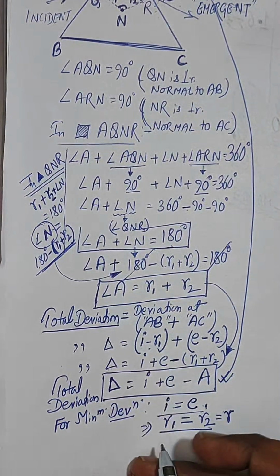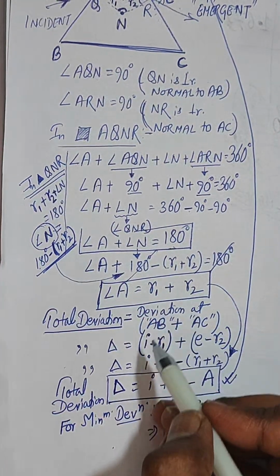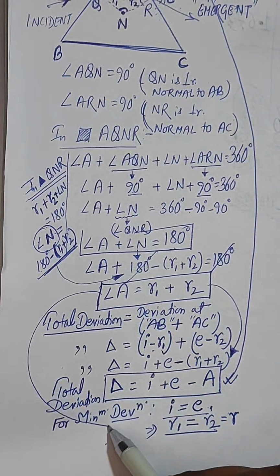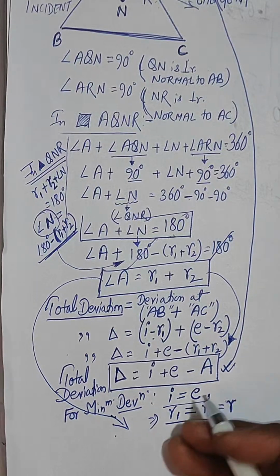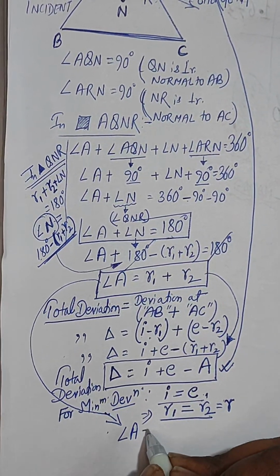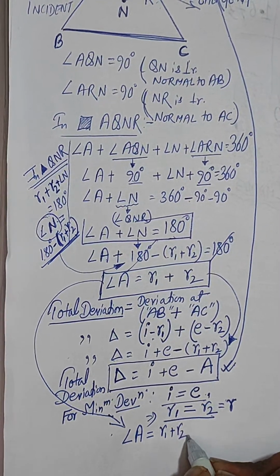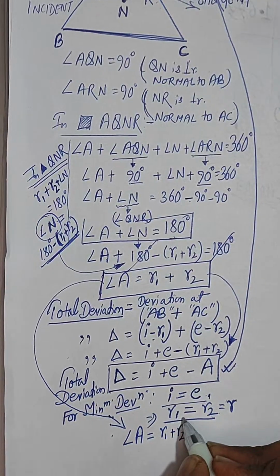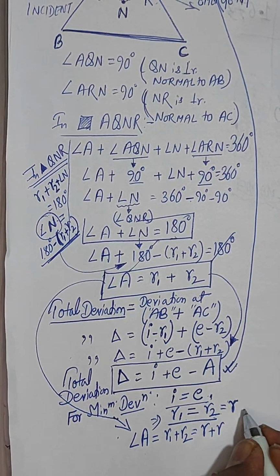Then since angle A equal to R1 plus R2, this will give you angle A is equal to R1 plus R2, and since both are equal, we can write it as R plus R, right?